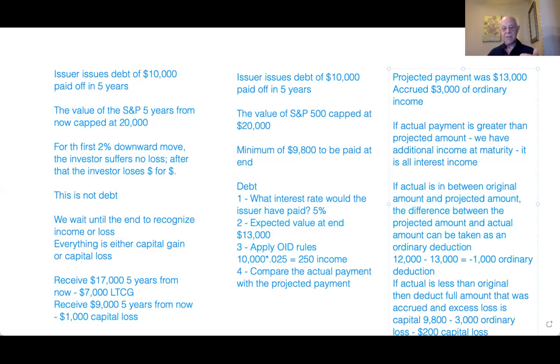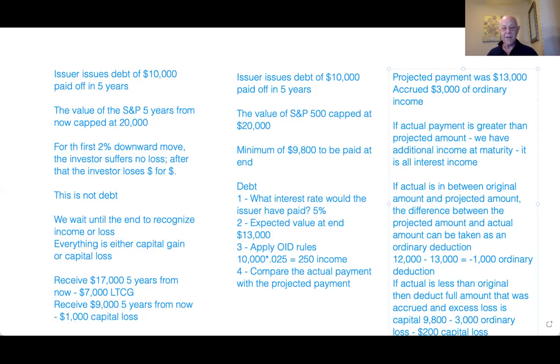If we get something in between our original investment and the projected amount, we get an ordinary deduction for the shortfall, and that's it. And then we end up with a semi-fair result. Remember, we've accrued all that income in the early years, and now we're getting a deduction in the later years, but at least we don't have a mismatch between ordinary and capital.